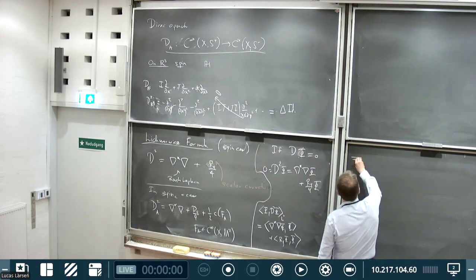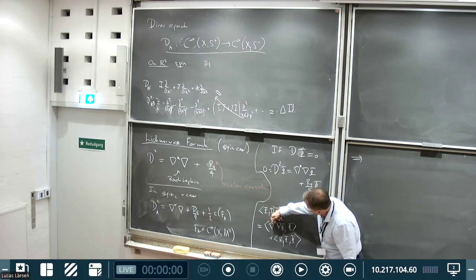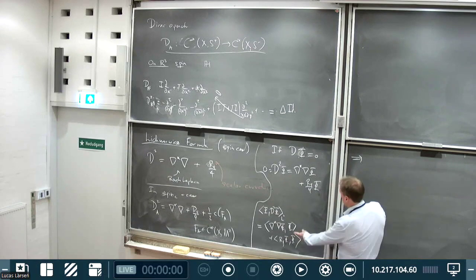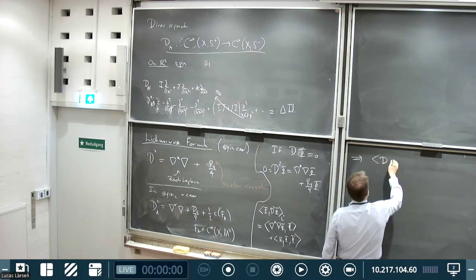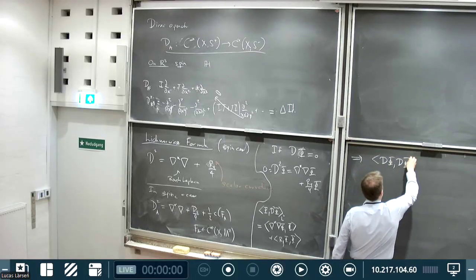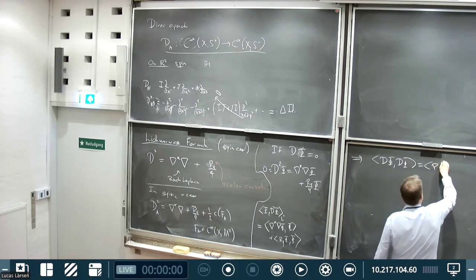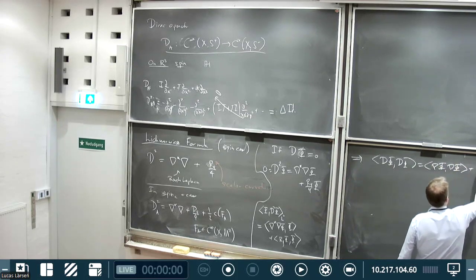And now, the Dirac operator is self-adjoint; this is the adjoint of this guy. So this formula implies this formula.